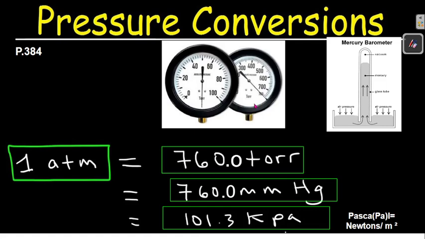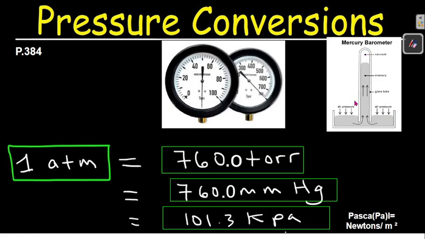Let's see. These gauges right here are calculating the pressure in torrs. This one right here is a mercury barometer. So basically the pressure of the air is pushing on the mercury right here. And when it pushes, it only can go up through the tube. Okay, there's no air. There's a vacuum right here.